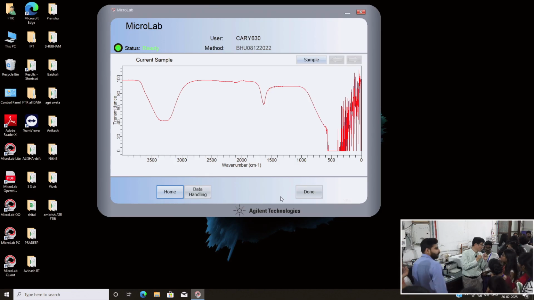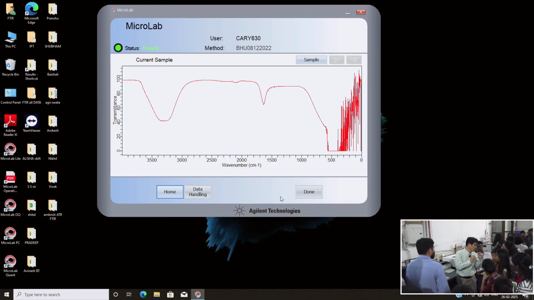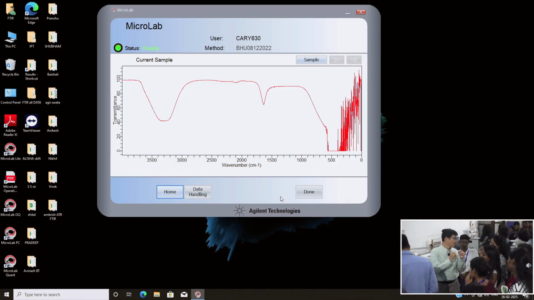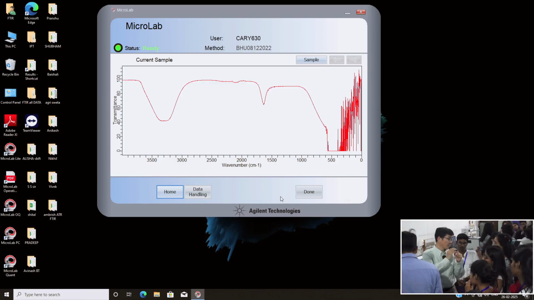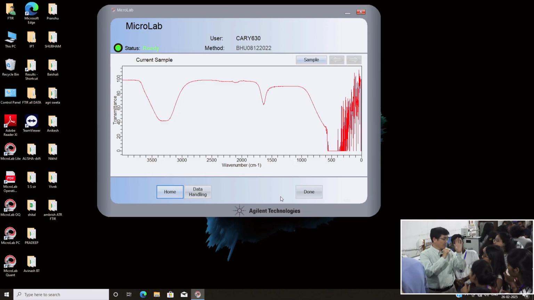The protein spectrum appears in the solution spectrum. We need to subtract the solvent spectrum from the solution spectrum. The solution is solvent plus solute, and solvent. Okay, got it. Subtract.